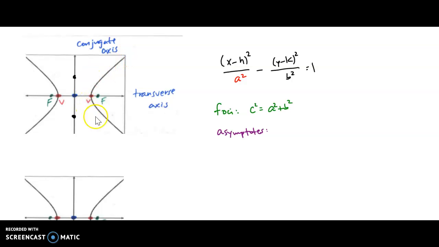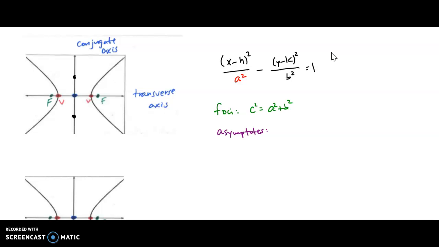Now, just like a parabola, the focus is going to be inside of the parabola, and we'll get to that in a little bit. The equation here, where I'm circling, is the standard form of a hyperbola. I tried to color code this.